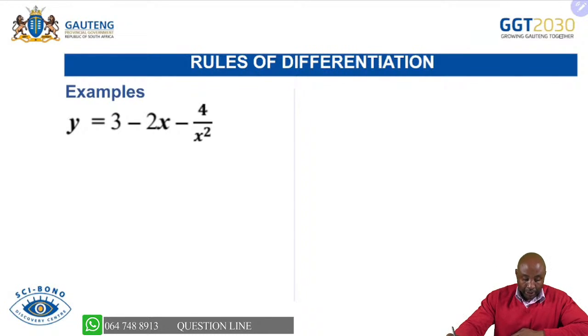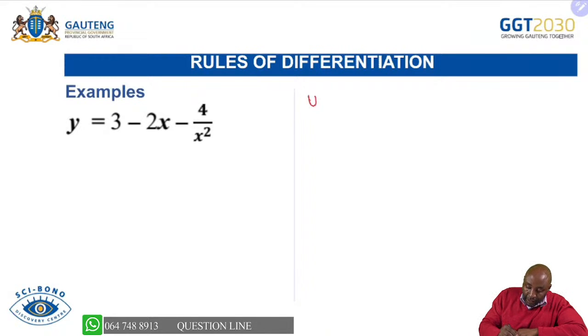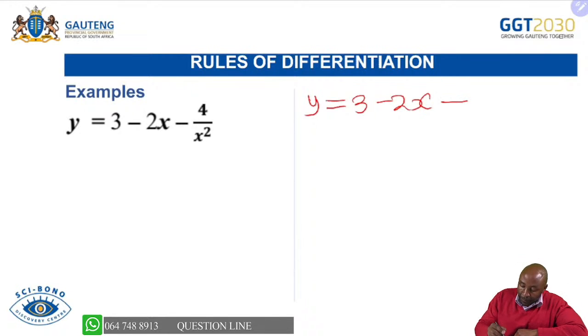Right. You will realize that our y is given as 3 minus 2x minus 4 over x squared. Now, there's some manipulation that we need to do first before we are able to find the derivative. We can write this as y is equal to 3 minus 2x minus, we write this as a negative exponent.